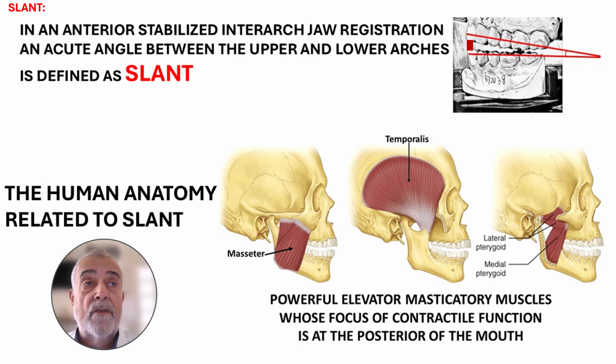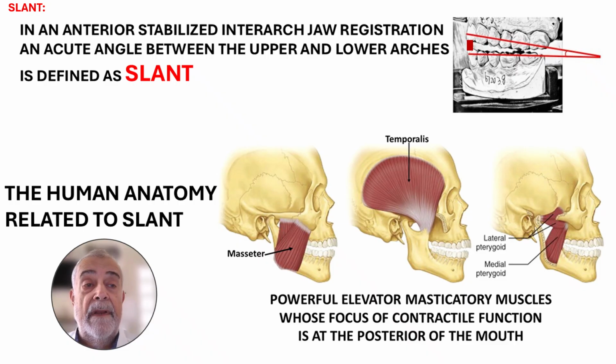Now we're going to switch over and talk about slant. In an anterior stabilized interarch jaw position, an acute angle between the upper and lower arches is defined as slant. This angle here between the red lines is called slant.